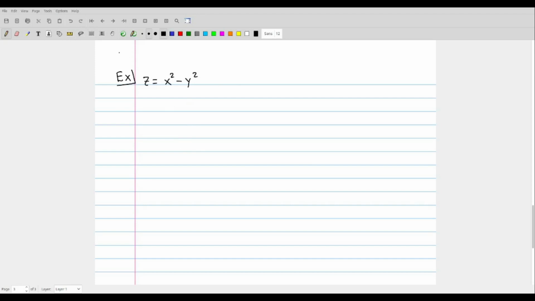Sure enough, we want to do all of our traces here: the x trace, the y trace, and the z trace.